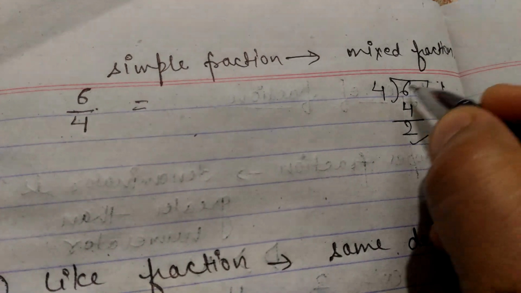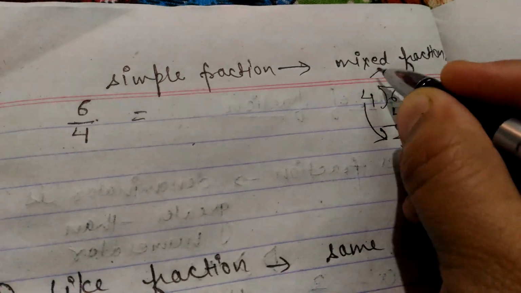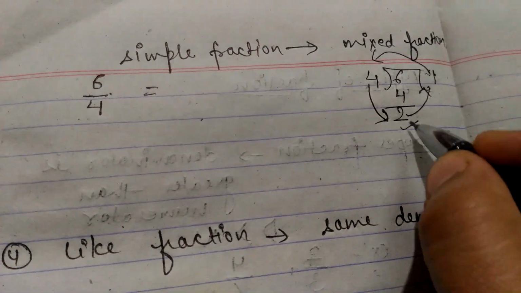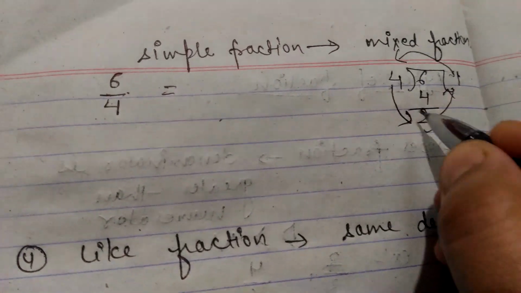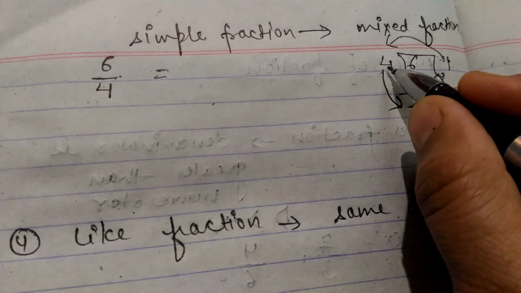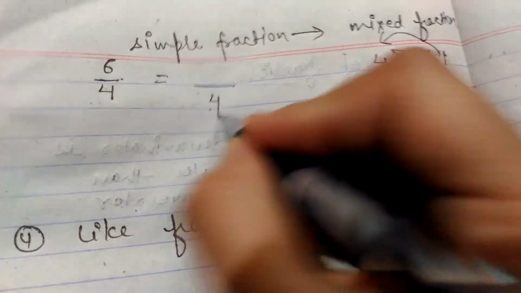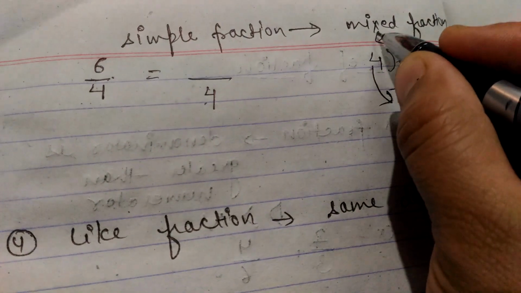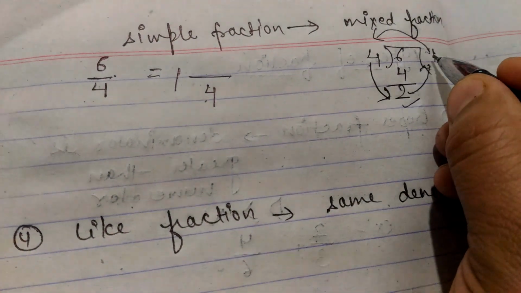Here 4 comes in the place of 2, 1 comes in the place of 4, and 2 comes in the place of 1.